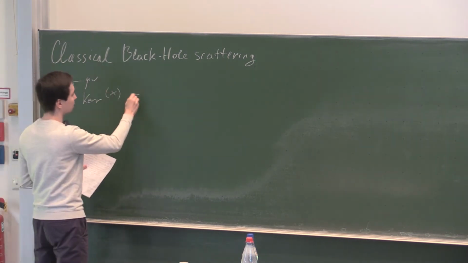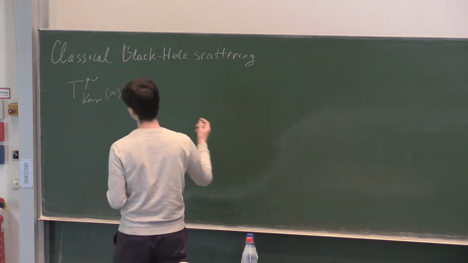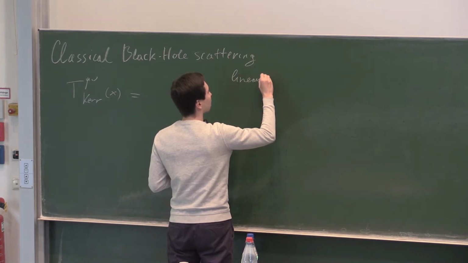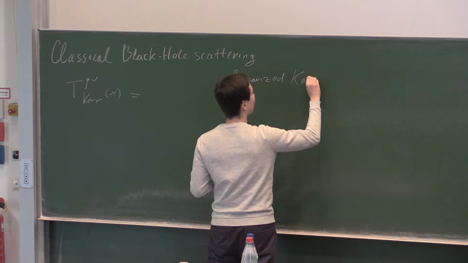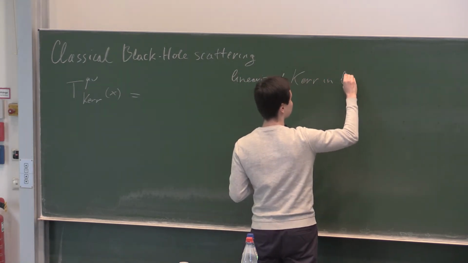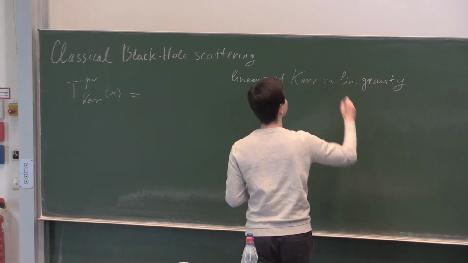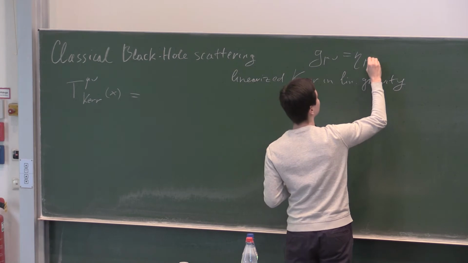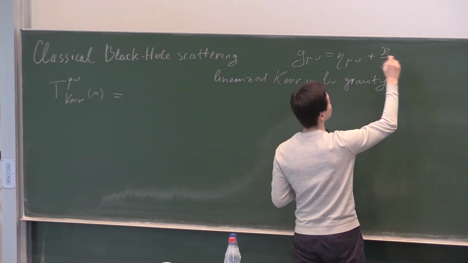Let me use as a starting point some expression for linearized Kerr in linearized gravity, in which the metric is expanded around the Minkowski metric.